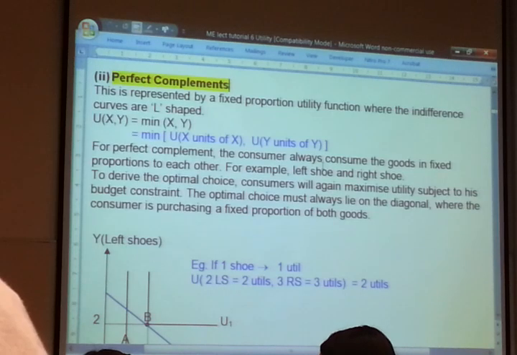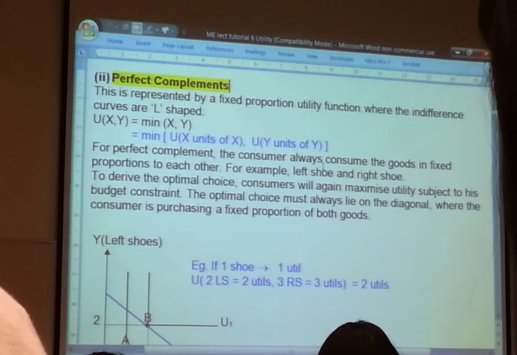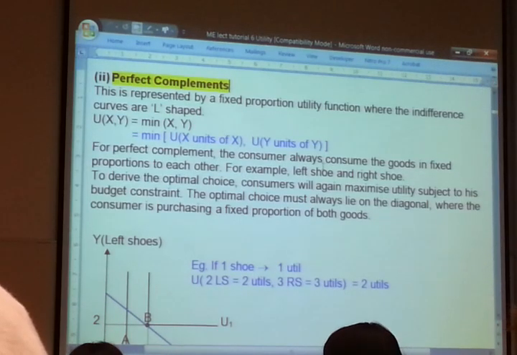First, what do we understand about complements? We have learned before. They must be used together. For example, what is a perfect complement? Boyfriend, girlfriend.